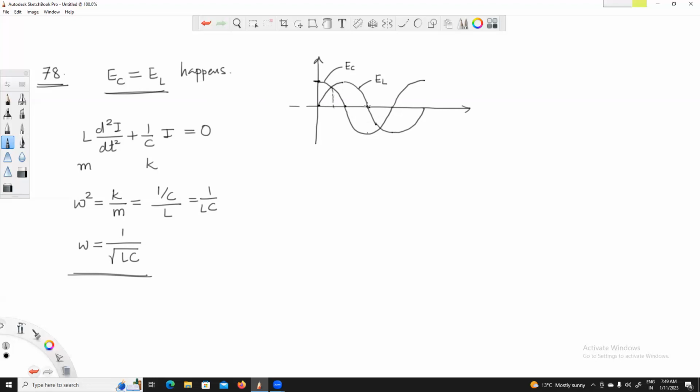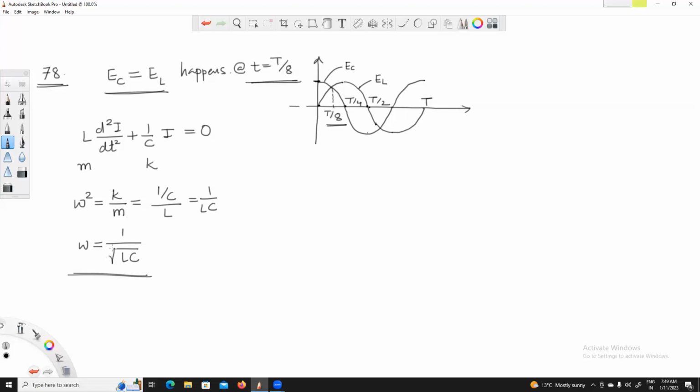This is the total time period, from 0 to T, so one cycle is completed. This is T by 2, this is T by 4, and when they become equal, this is T by 8. So this happens at time t equals time period upon 8.